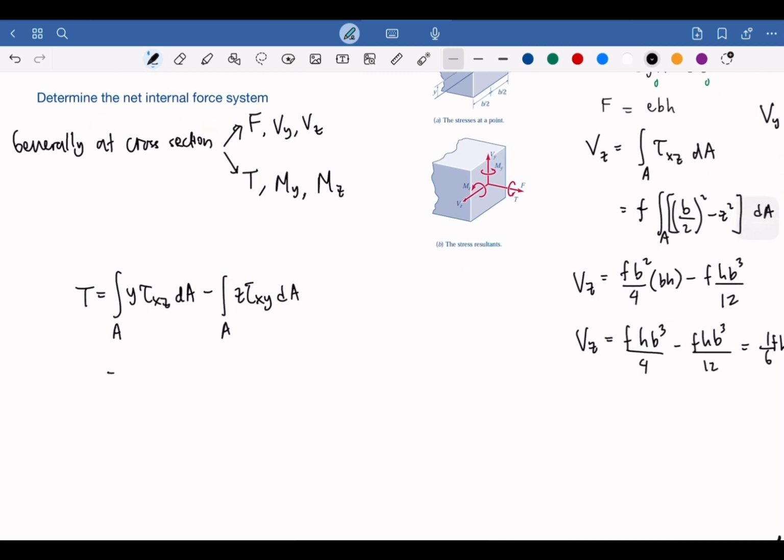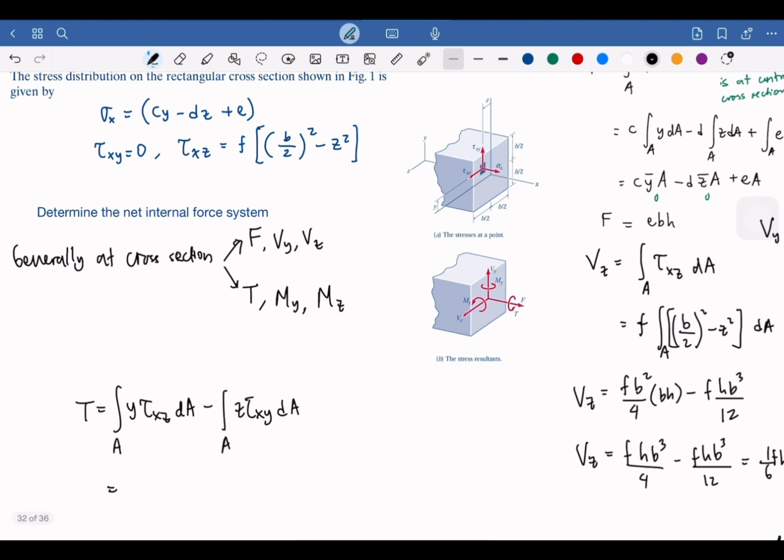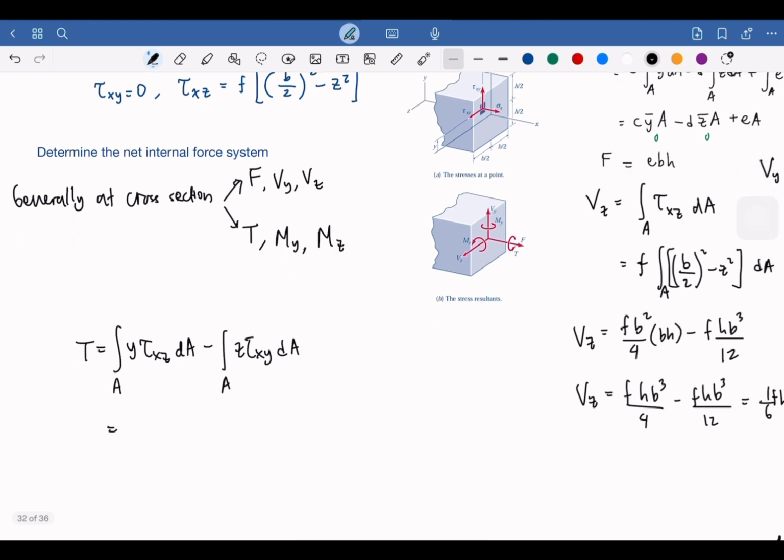And then the y, so we have f b squared, the tau xz is f b squared over 4.